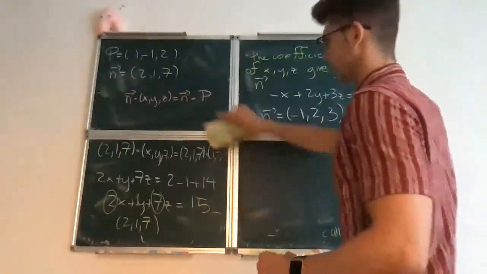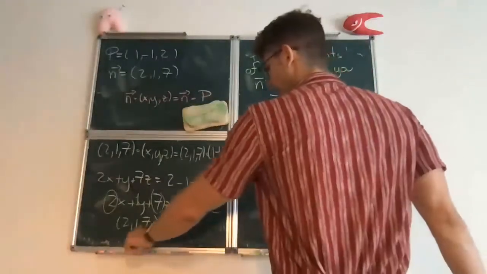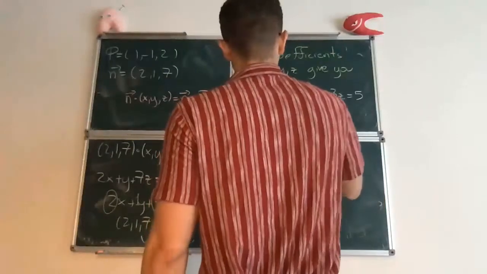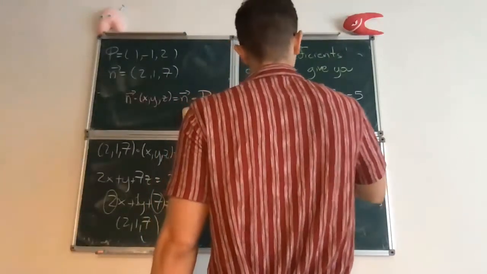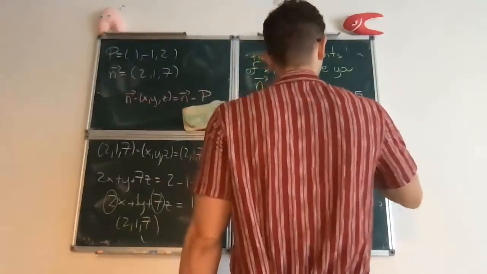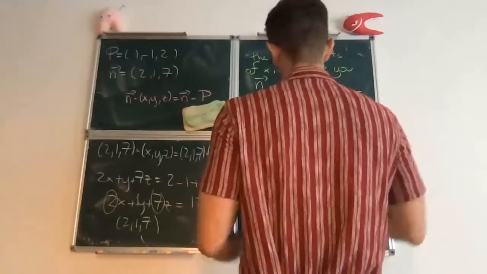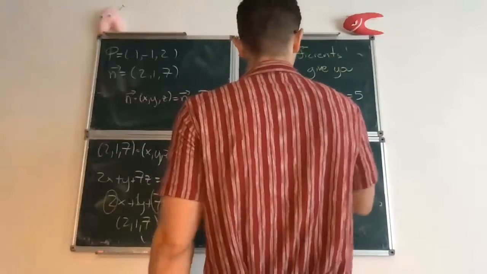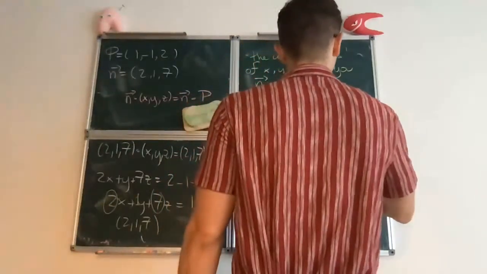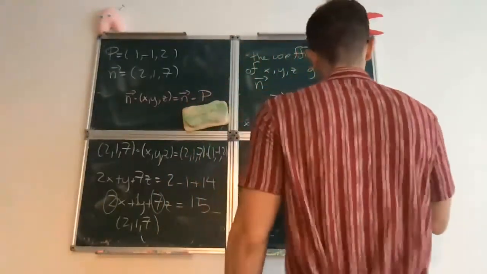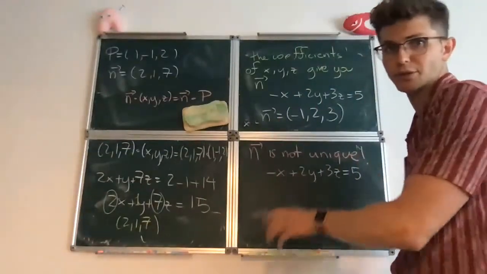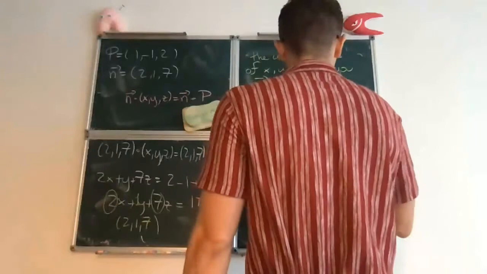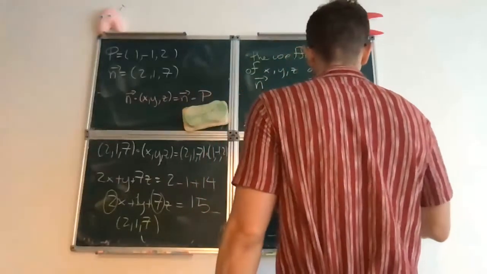Maybe I should just say in words or write it out: n is not necessarily unique. I mean, if you take this equation and multiply both sides by 2, you get minus 2x plus 4y plus 6z equals 10.